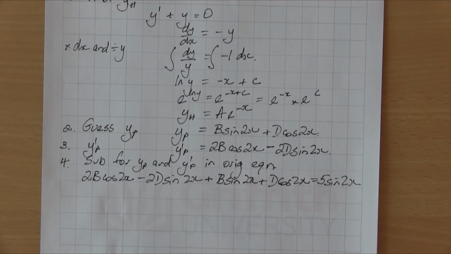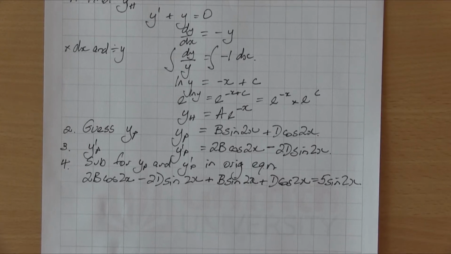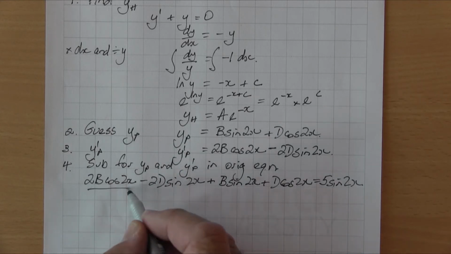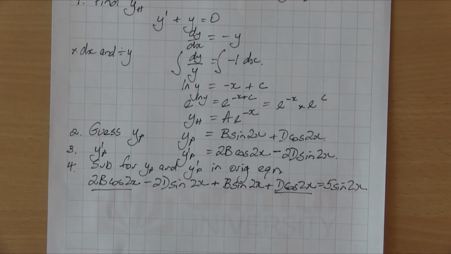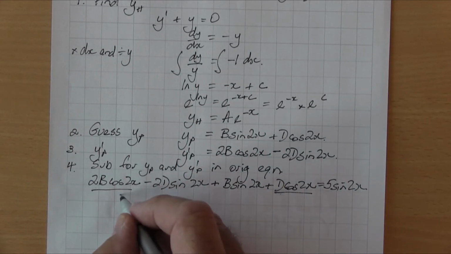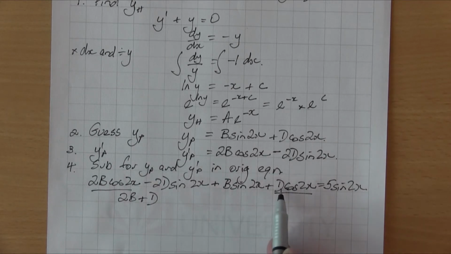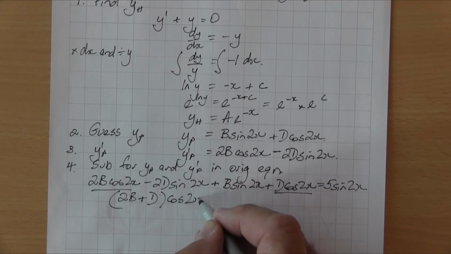Okay. What we could do here now is to rearrange that, and we could get all the cosines together. So we've got a cos here and a cos there, and they're both cos 2x. So we've got 2b plus d, so we've got a 2b and a d times cos 2x using the distributive law.